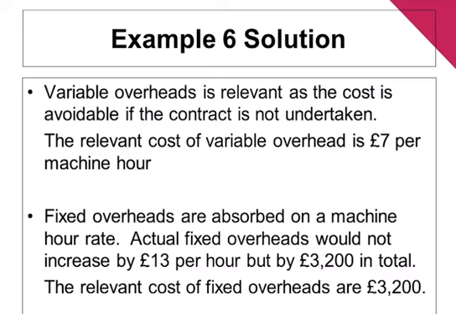So very straightforward: the variable overheads, because they vary with output, will be £7. Now the fixed costs get slightly trickier. We're not looking at messing around with the overhead absorption rate because that's all budget.